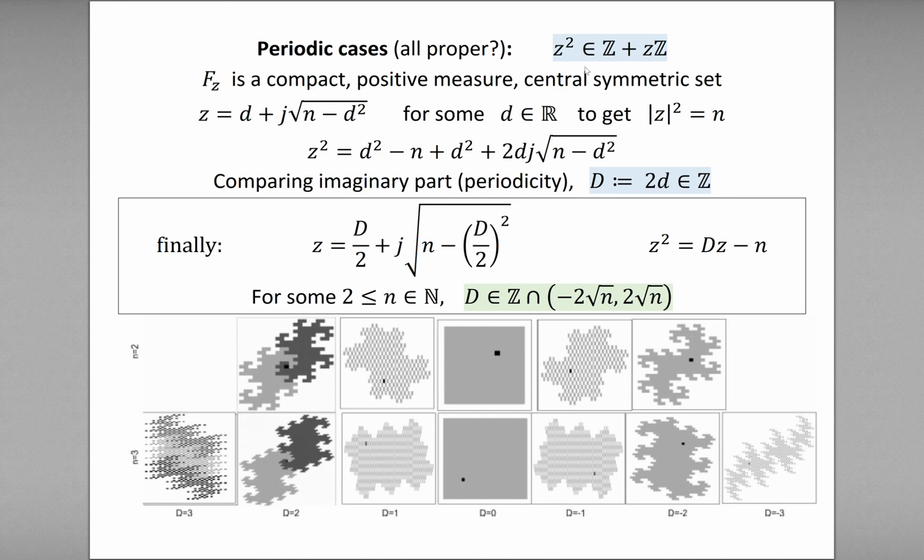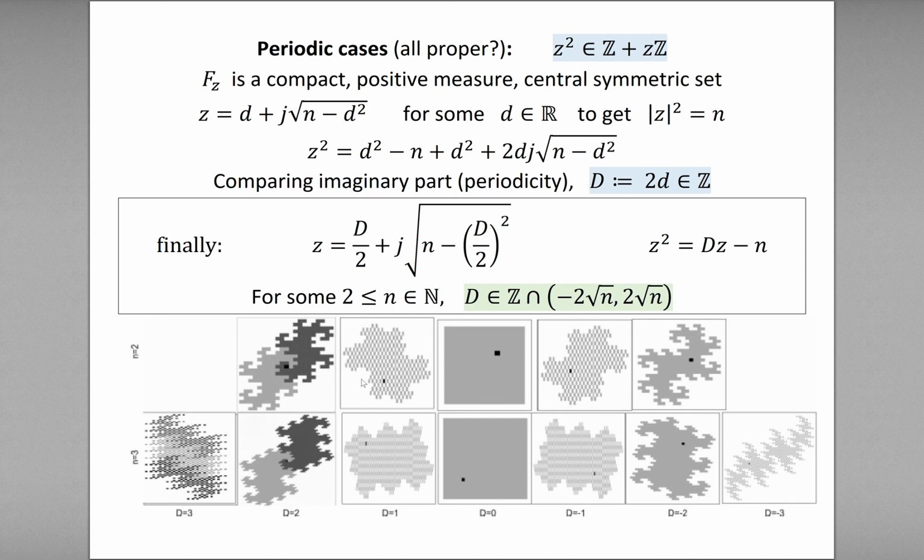So from this rule, you can have this small d, and finally this capital D, an integer. So we can find that the z has to be of this form, for D, capital D, being an integer and not too large, so as not to make this square root of a positive value.